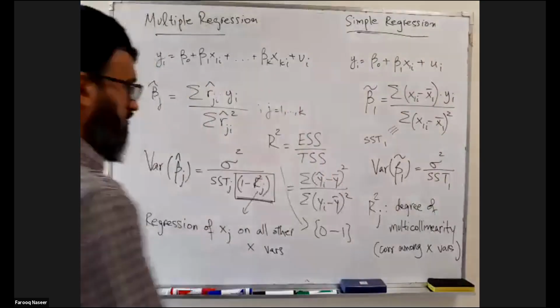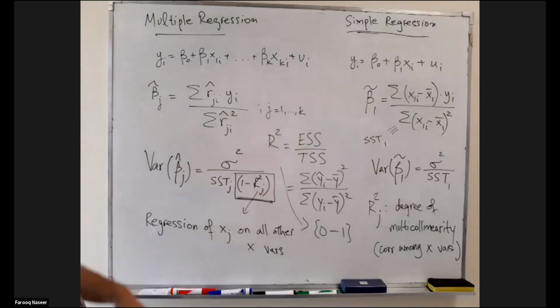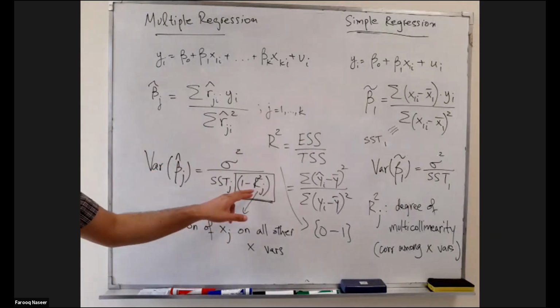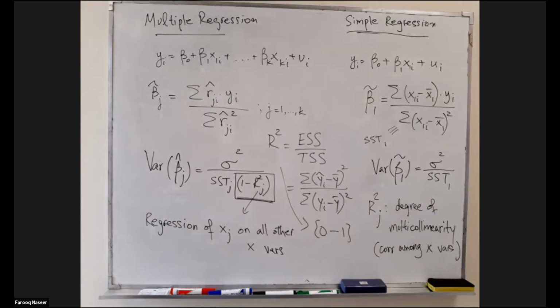So is it good to have, now look at this variance formula. Is it good to have a small r squared j value or a large r squared j value? So before you answer that question, is it good to have a small variance on your beta hat estimates or large variance? So small variance.